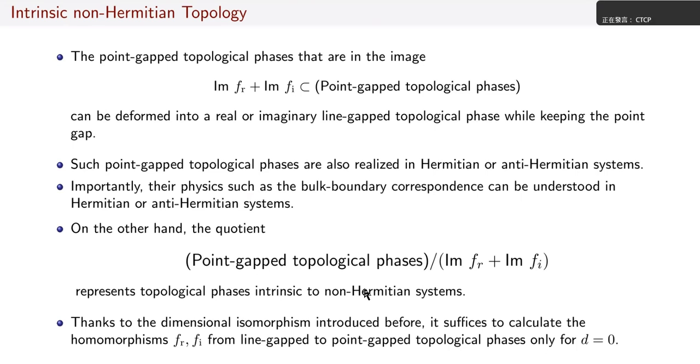So we come up with a good mathematical object: the quotient of the point gap topological phases over the image of F_R plus the image of F_I, the images of the line gap topological phases. This can be calculated very easily by using a similar technique, K-theory.